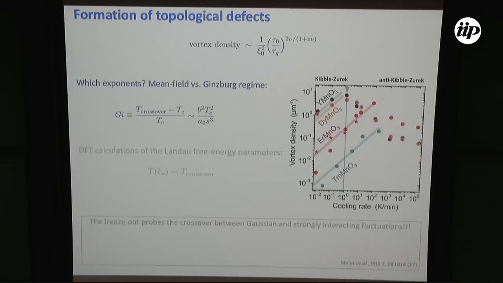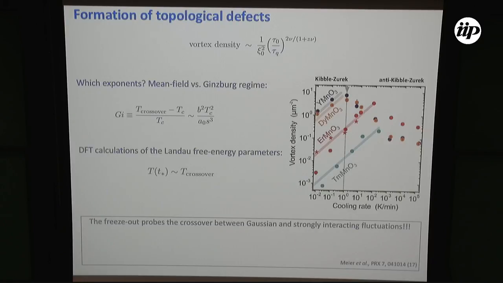So we estimated this Ginzburg parameter from the coefficients of the theory that we obtained from DFT calculations, and what we found is that these materials in these experiments are actually in none of those regimes. They are in the crossover between mean field behavior and scaling behavior.